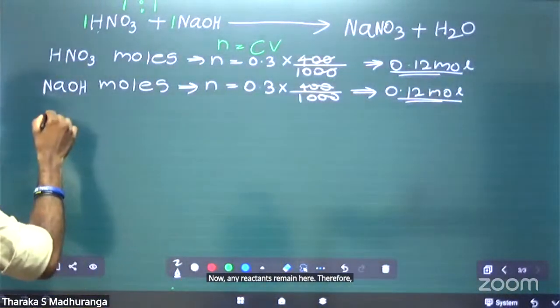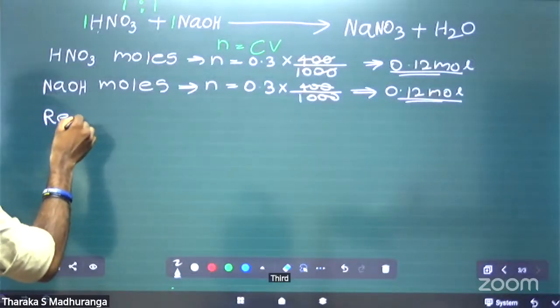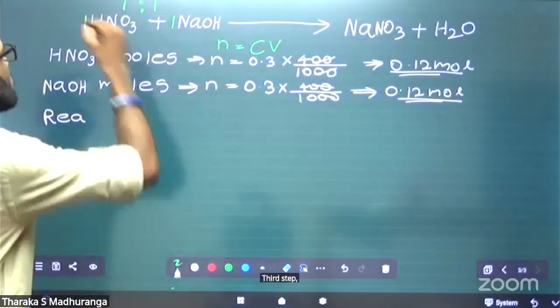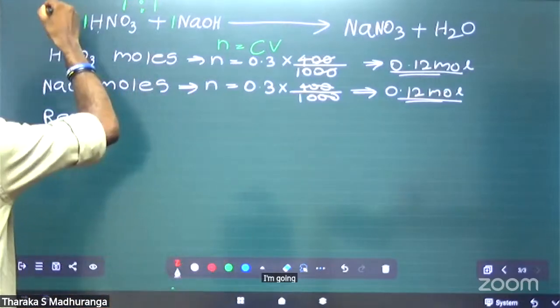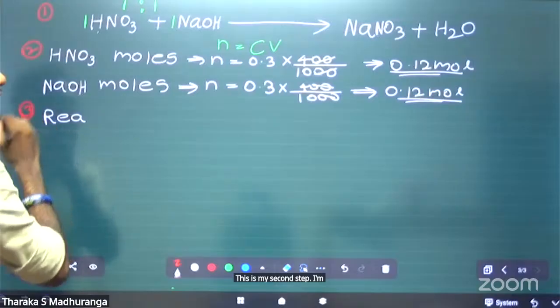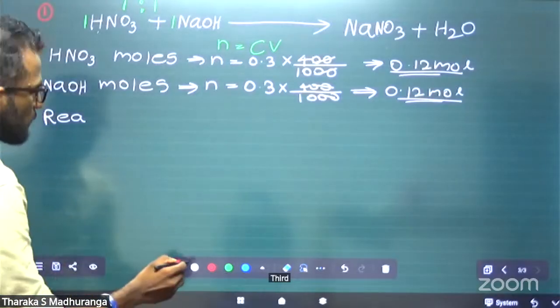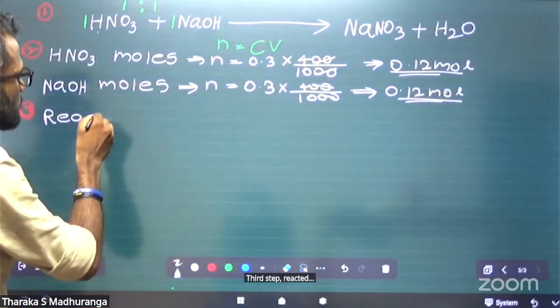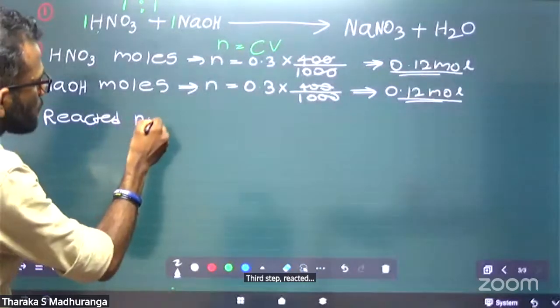Therefore, the third step. This is the first step, I'm going to write in red color. This is my second step. I'm going to the third step: reacted number of moles.